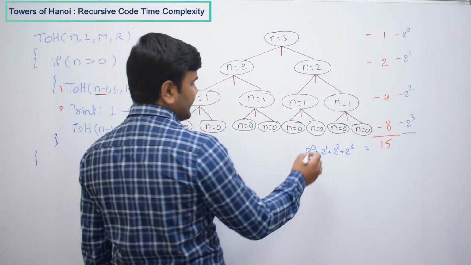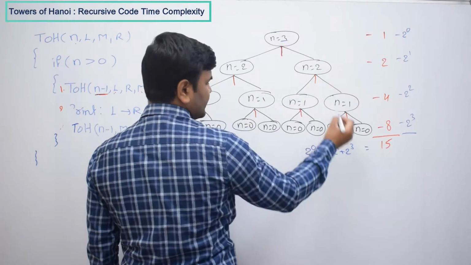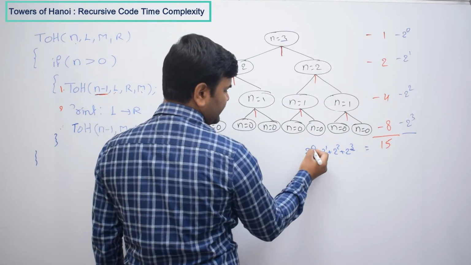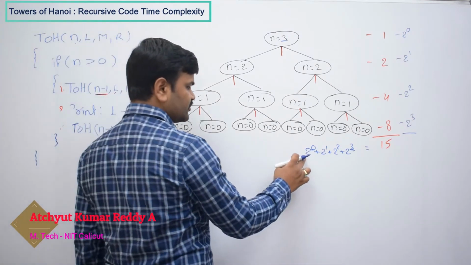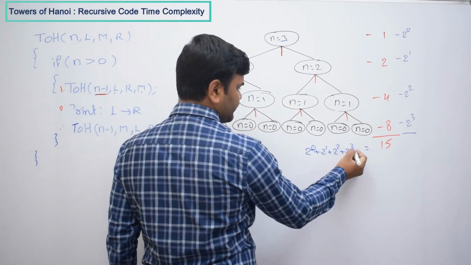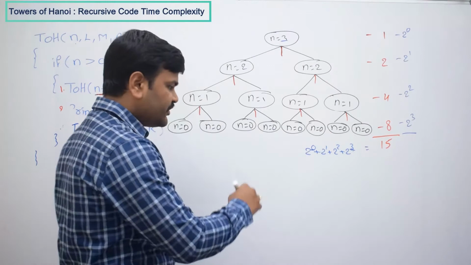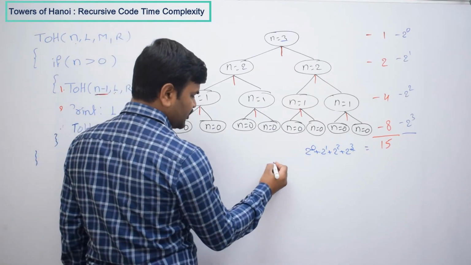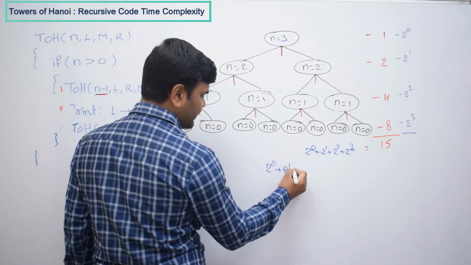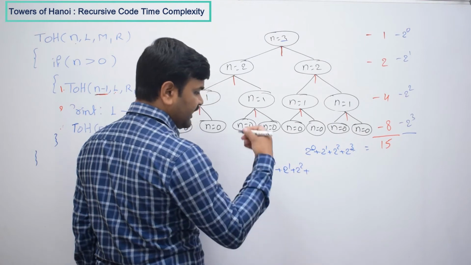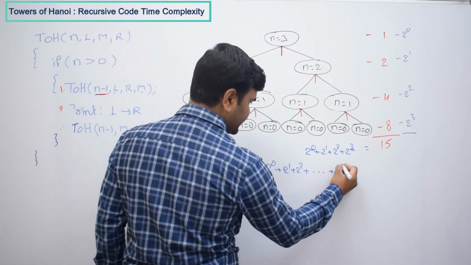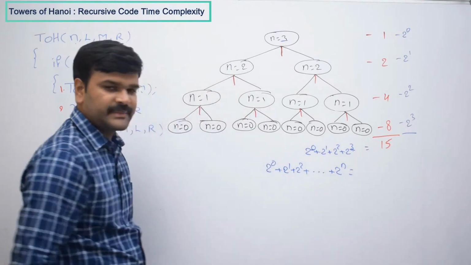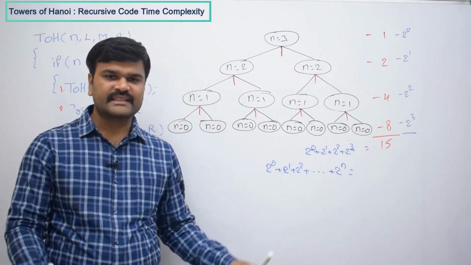So when n is 3, you added from 2 power 0 up to 2 power 3. So if you generalize, 2 power 0, 2 power 1, 2 square, when you have n disks, that means up to n, 2 power n, you have to sum. So this many function calls are there.